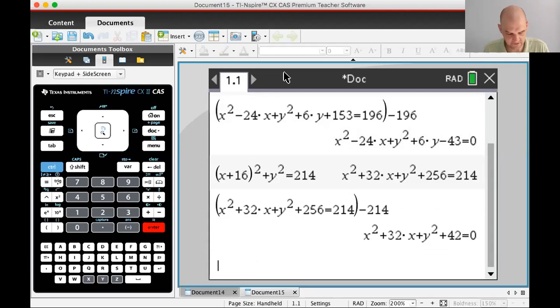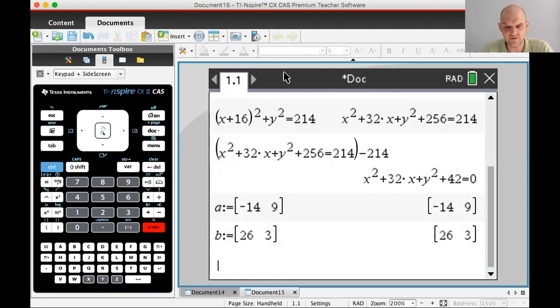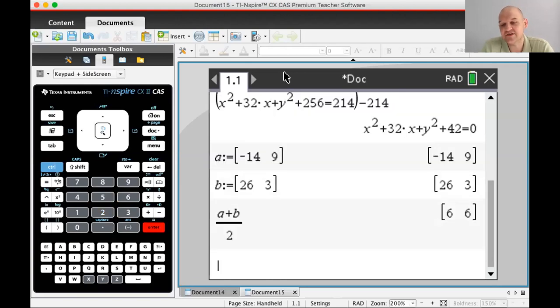Hopefully you did too. All right, so let me show you a weird-ish thing that we can do here. I'm going to store the endpoints of the diameter as vectors, and then treat this problem as kind of a vector problem. So I need to find the midpoint, but you can add vectors, and you can scalar multiply. So I'm just going to do (a + b) / 2, and that gives me the midpoint. That's the center.